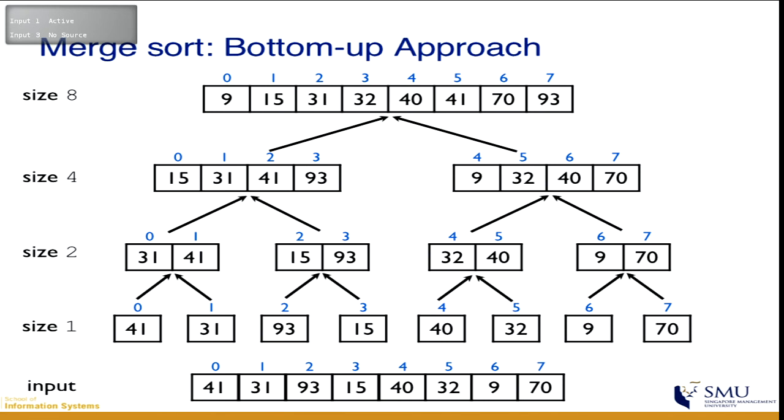But in each level, we need to do a number of comparisons, right? If you look at the top one, to get the top one, we need n minus 1 comparisons. So in the worst case, you're going to have log n levels, and in each level, you're going to have up to n minus 1 comparisons.